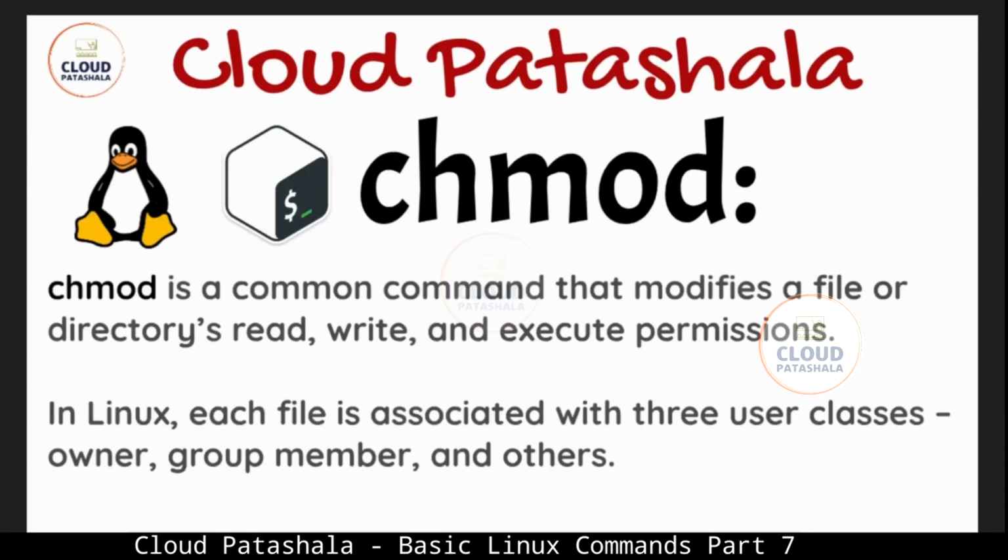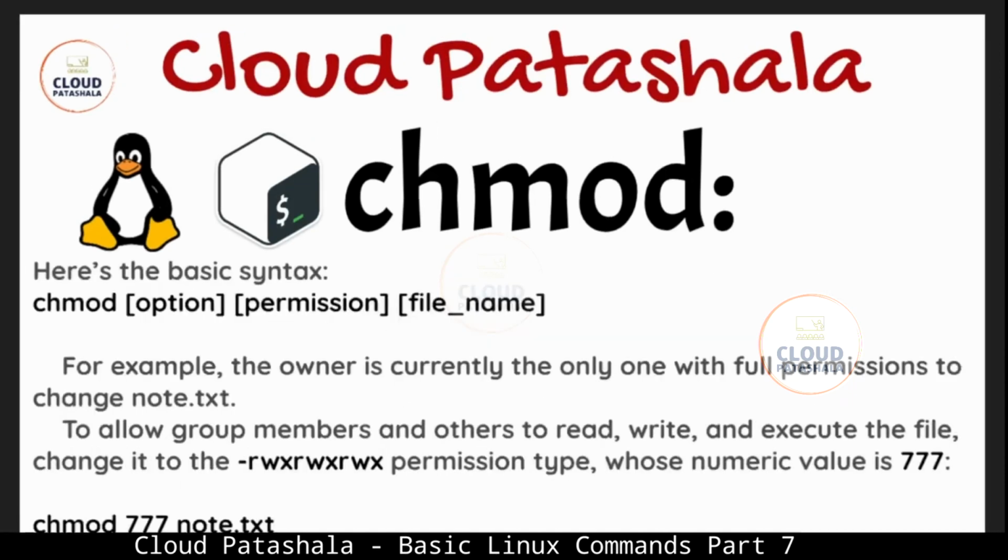In Linux, each file is associated with 3 user classes: owner, group member and others. The syntax that we use for chmod is chmod, we give an option, then the permissions, and then the file name.